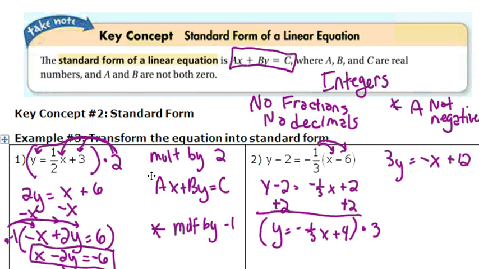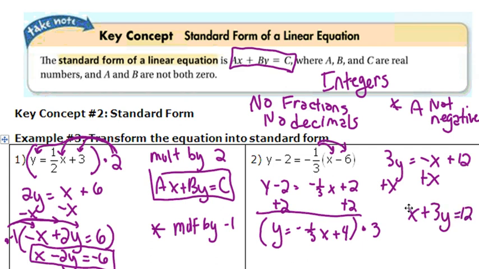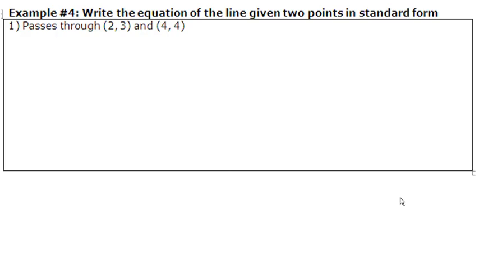Now, to make sure it's in standard form, I need to move the x and the y to the same side of the equal sign. So I would add x to both sides. The x goes in front, so it would be x plus 3y equals 12. And I'm done now because my x is positive. So that would be standard form.